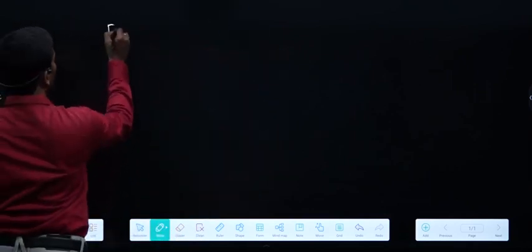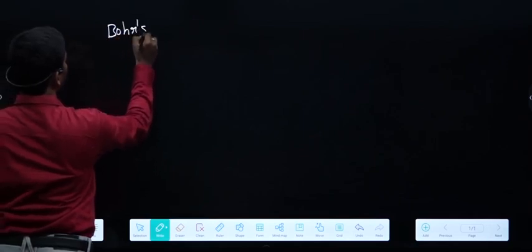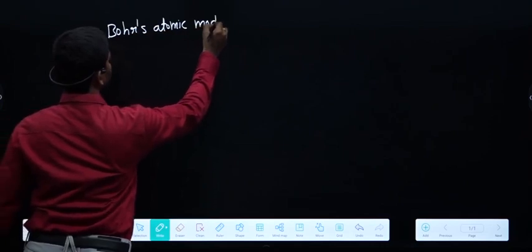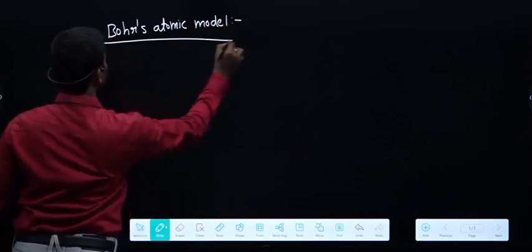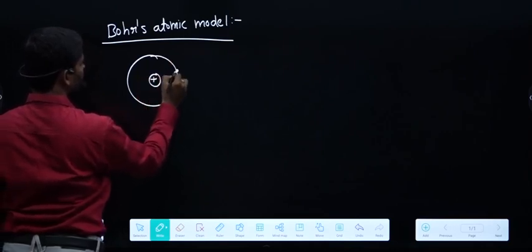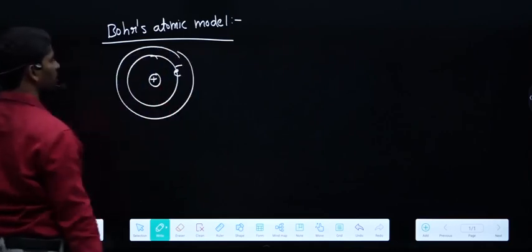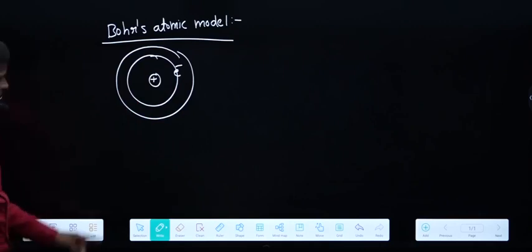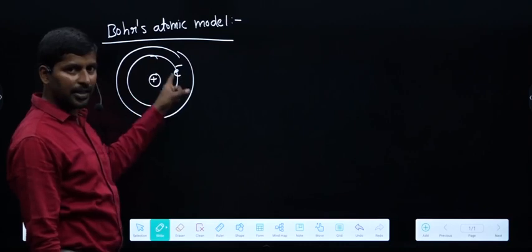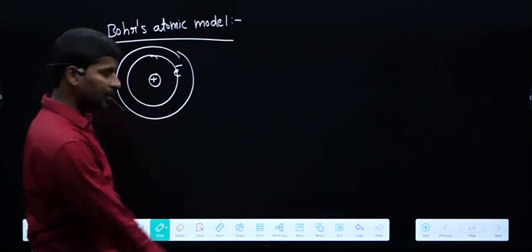Next one, Bohr's atomic model. According to Bohr's atomic model, electron moves around the nucleus in which paths? In circular paths. As long as electron remains in a particular orbit, its energy remains constant.